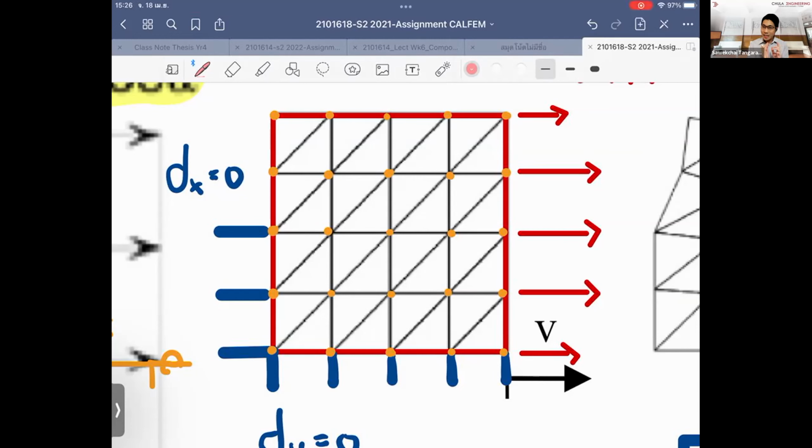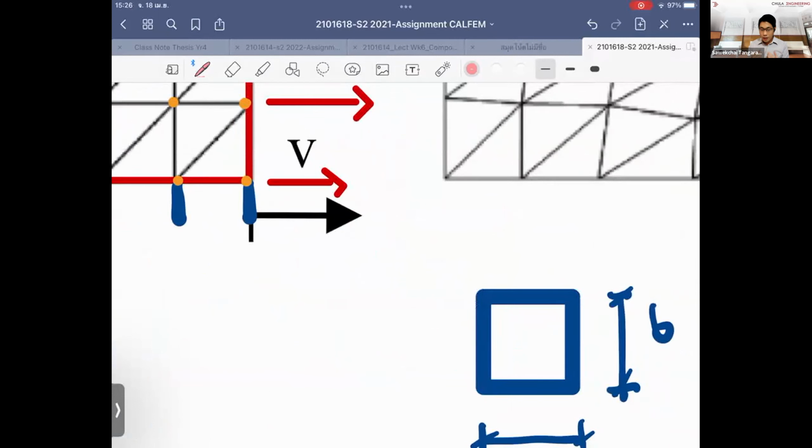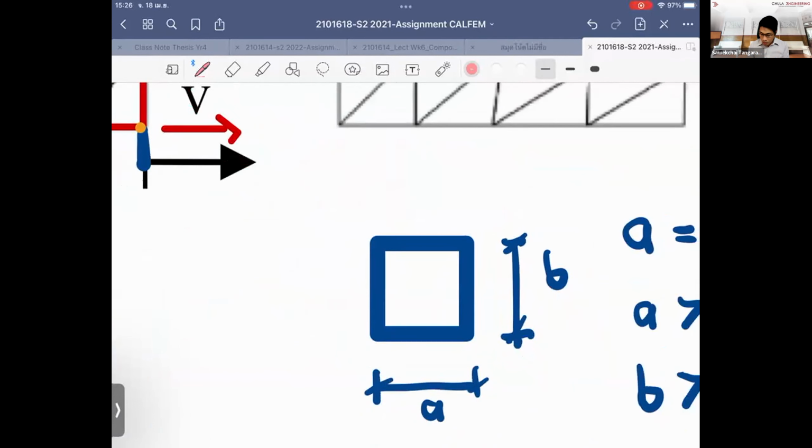If you go in the anti-clockwise direction, you keep going anti-clockwise for all the members. But if you start to go clockwise, you should keep using the clockwise pattern for all the members. So in my style, I always go anti-clockwise, and I always start the node from here, and I count 1, 2, 3, and 4.